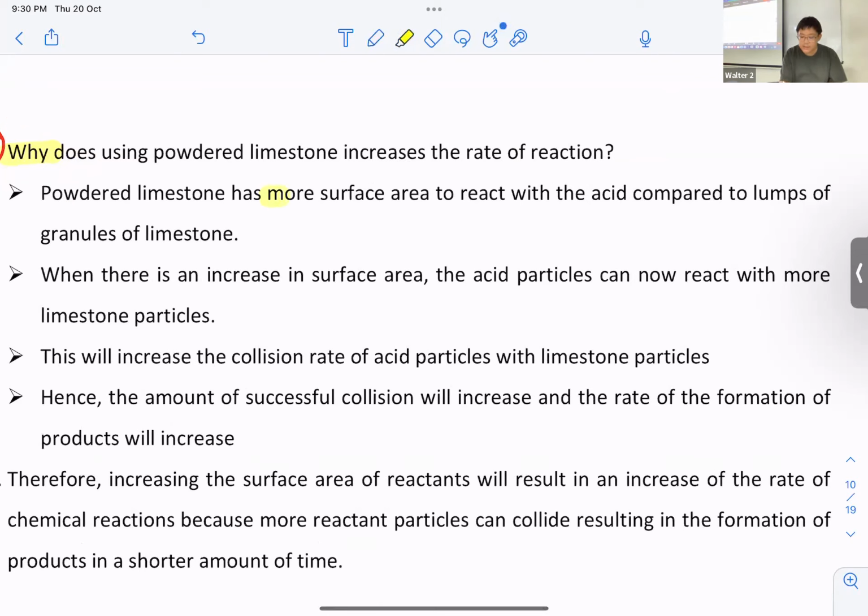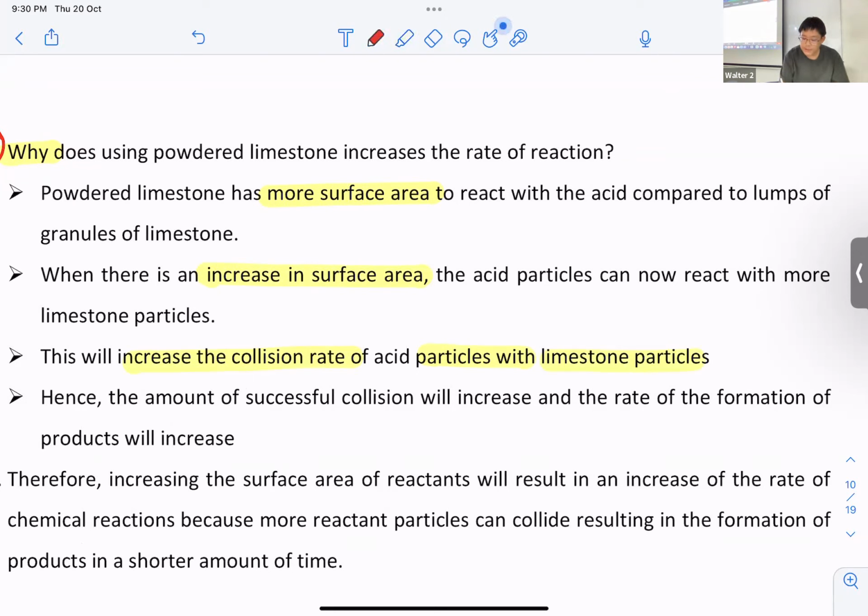The answer here is it has more surface area. When there's an increase in surface area, you must understand that now the particles will collide even more with each other.